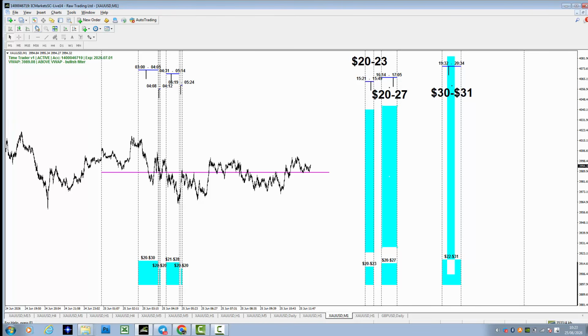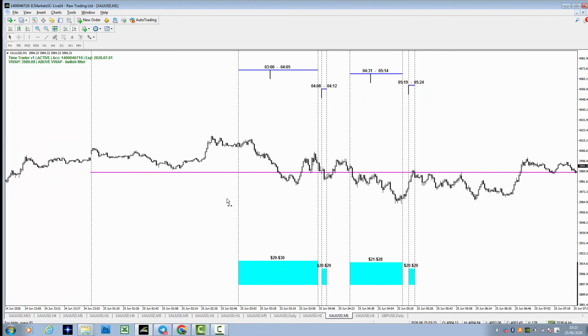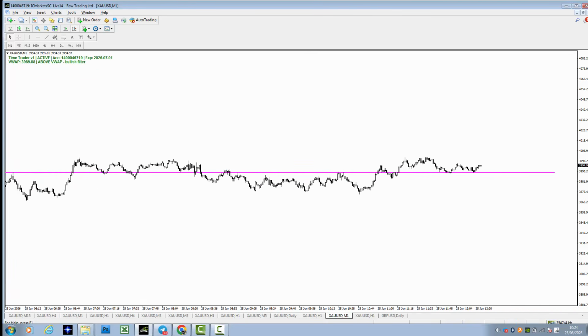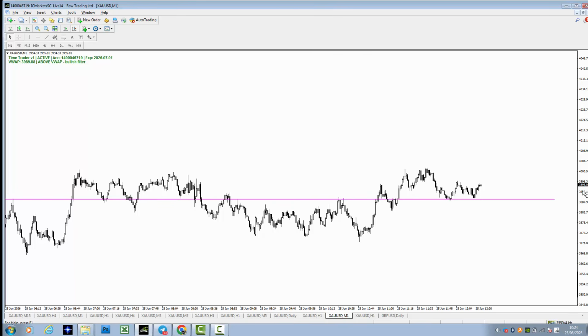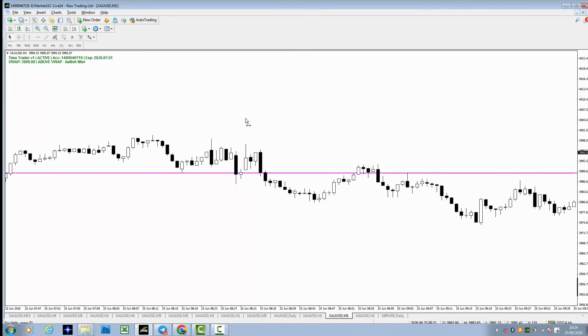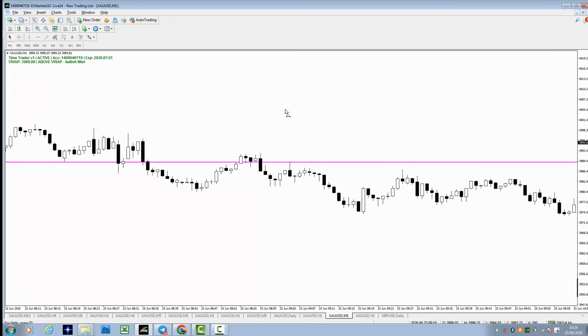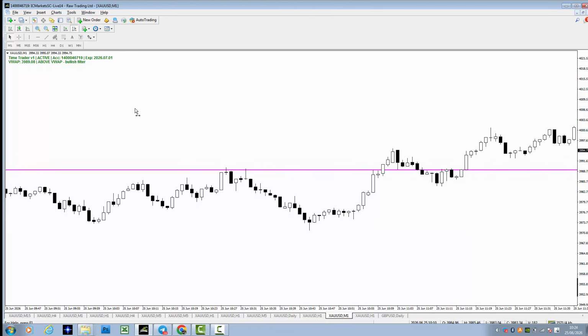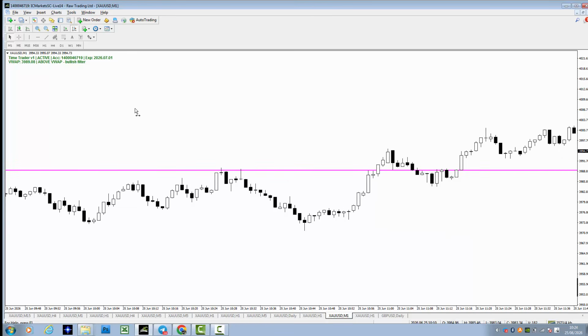So let's look at the type of candle structures, because I think I did a really bad job of explaining the candle structures. Let me show you what I mean by a rejection candle. Usually I wouldn't bother about candle structure on a 1 minute chart because it's mostly random noise.